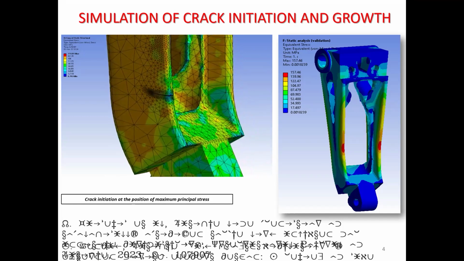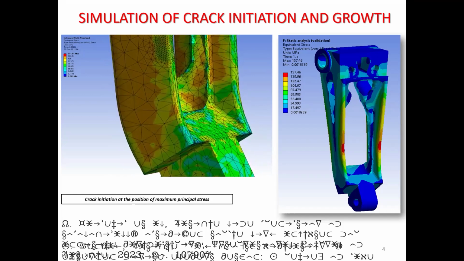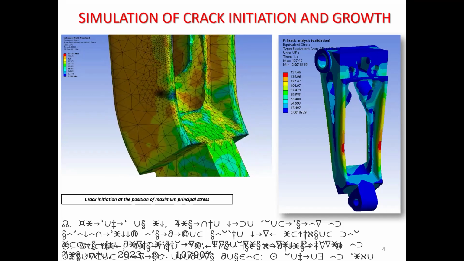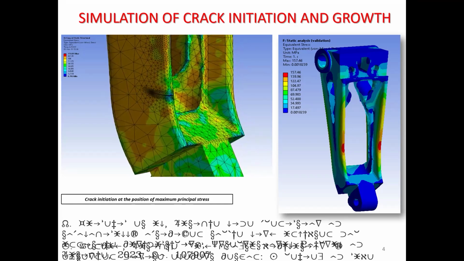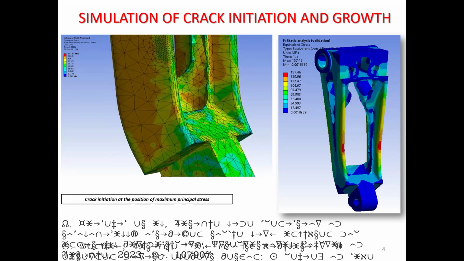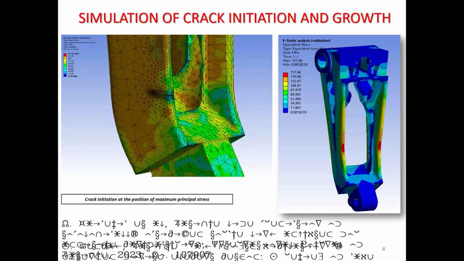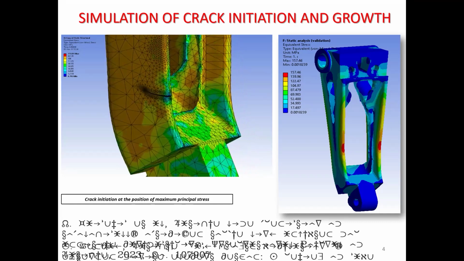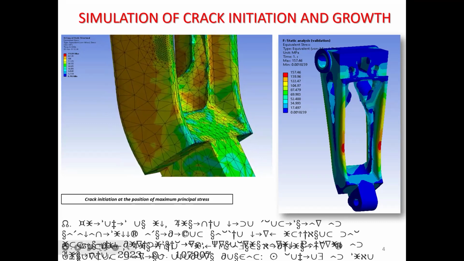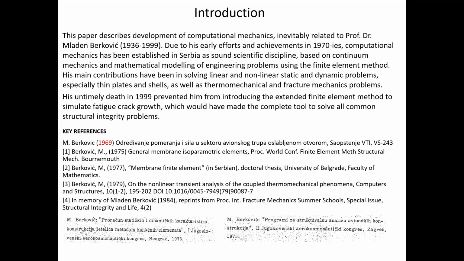So we do not need to position and locate the crack. The software itself will find the most stressed part, and then after a certain number of cycles, it will simulate further crack propagation after this period of crack initiation, which you cannot see actually. That is something that we really could only dream of years ago and especially decades ago.